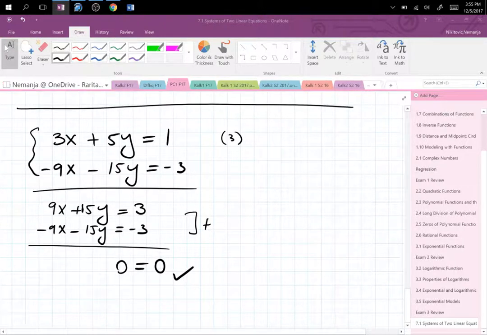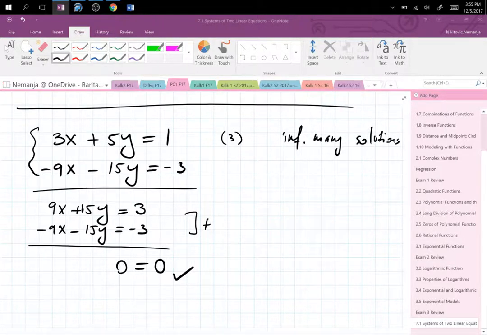So this case has infinitely many solutions. And that's that. So this was the review of what you're supposed to know from your algebra class regarding these equations.